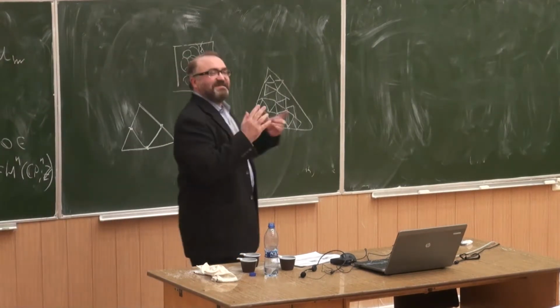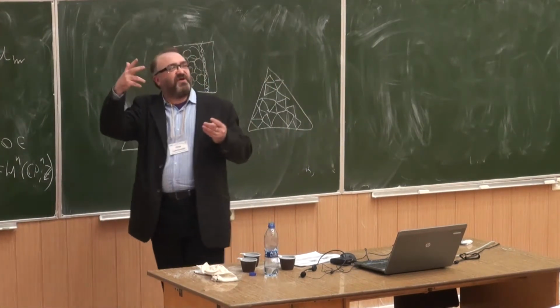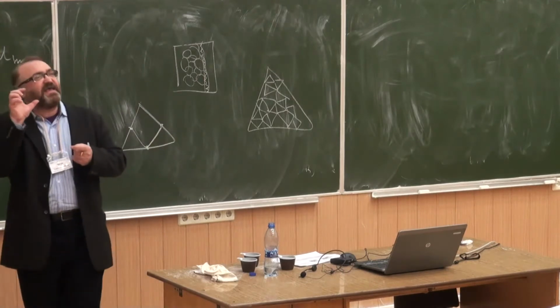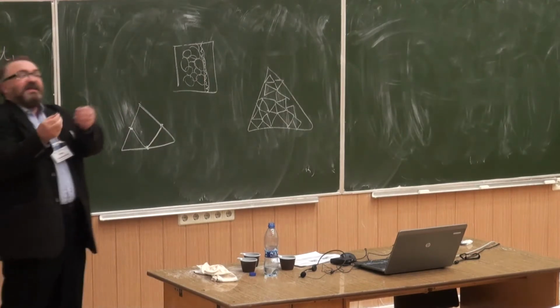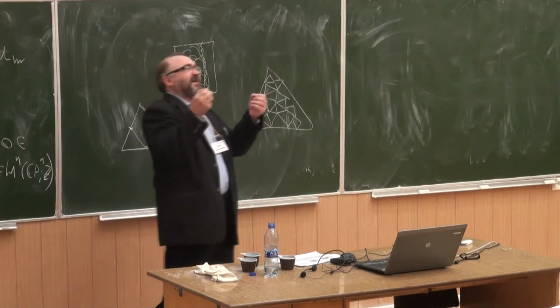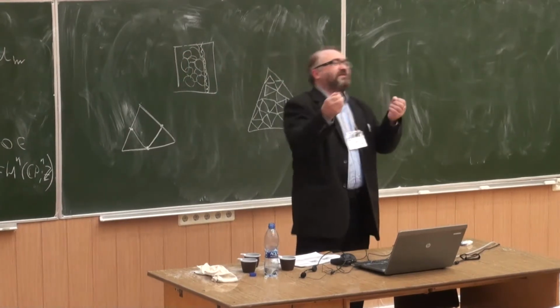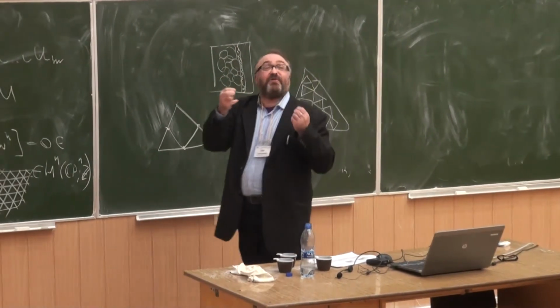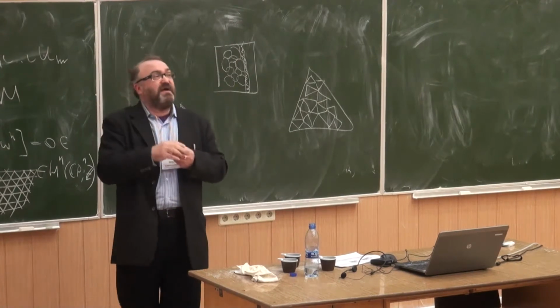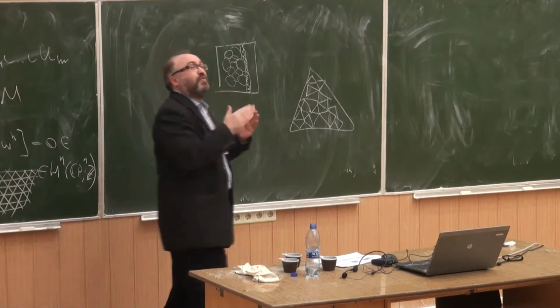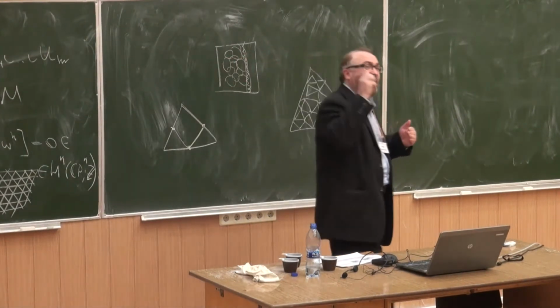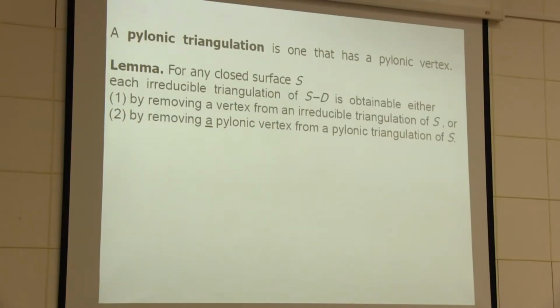For example, there is a known triangulation of the torus with precisely one cable, and then it has two pylonic vertices. Either of the two points could be regarded as a pylonic vertex. But if the number of cables is 2 or greater, and the triangulation has a pylonic vertex, of course it would be unique.